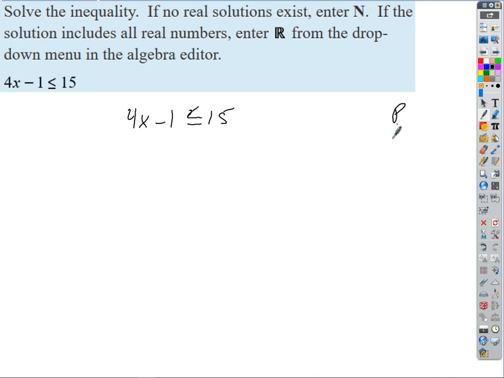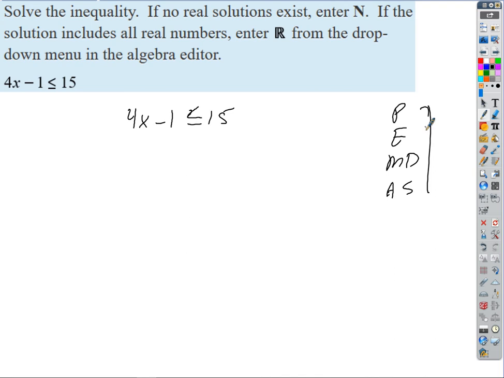So we're still going to reverse PEMDAS to isolate. That's all we're trying to do, isolate the variable on one side of the inequality this time instead of an equation, right? So what would the steps be to get the x by itself here?